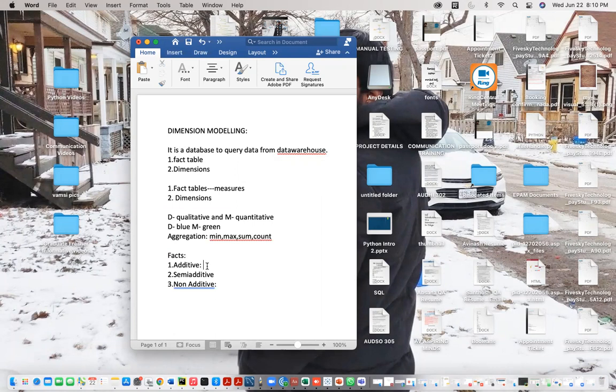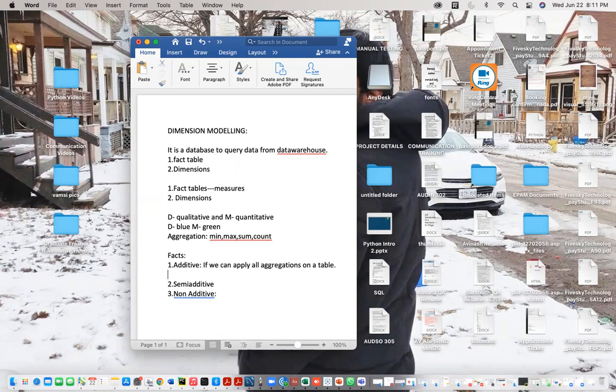Coming to additive facts, if you can apply all aggregations on a table, it's known as additive facts. That means if we can apply all aggregations like minimum, maximum, sum, count on a table, then it's an additive fact table. An example is sales.